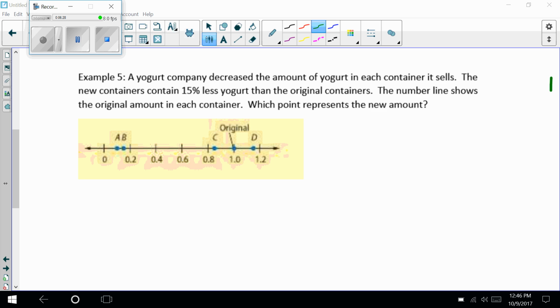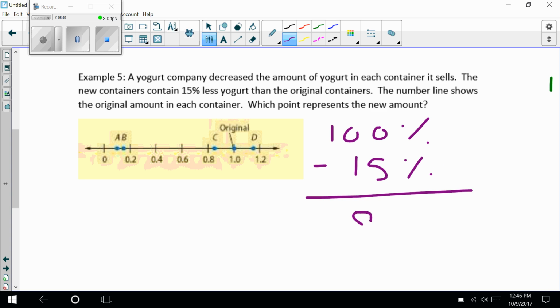Okay, so if we think about it, originally the entire amount was 100%, and now it holds 15% less. So I'm going to take away the 15%. That's going to leave me with 85%. So this container holds 85% of the original.